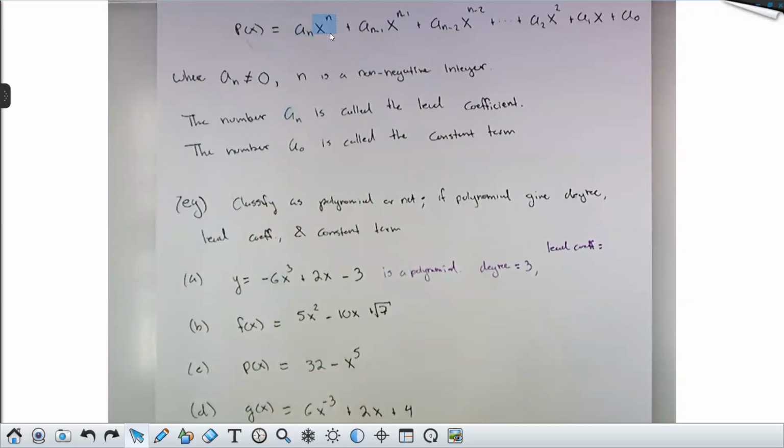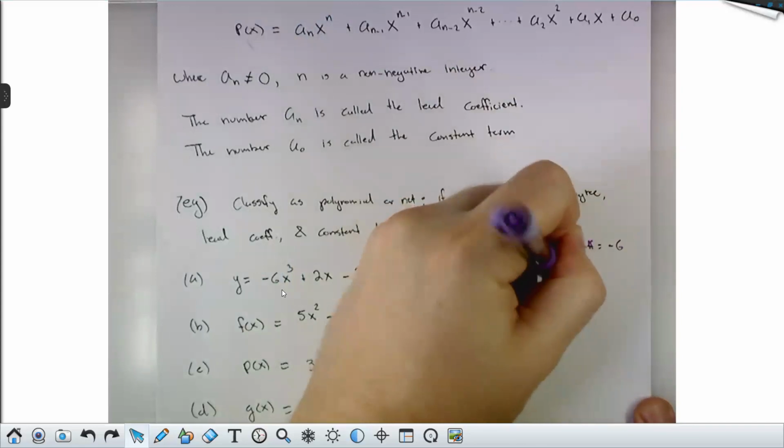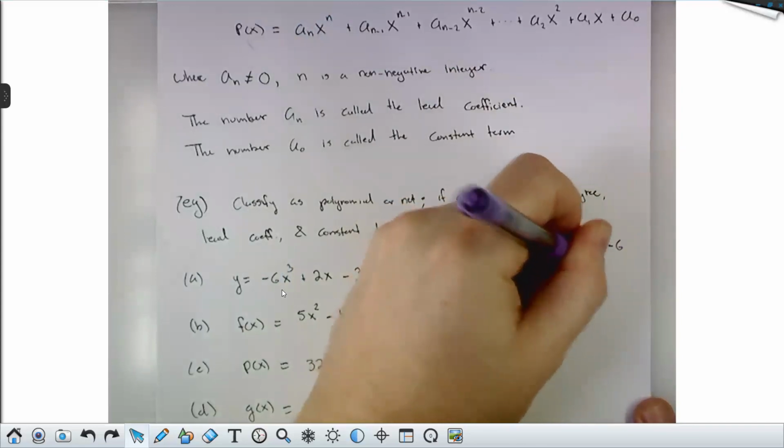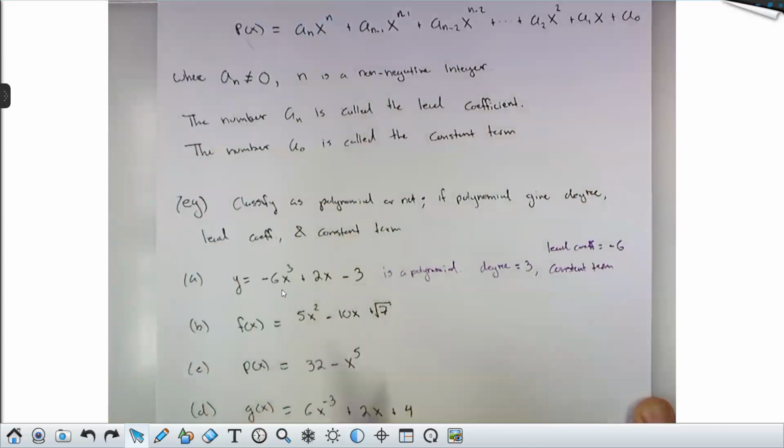So whichever term tells you the degree, the number attached to that power of x is the lead coefficient. So here we're looking at a degree 3 polynomial because this is the largest power of x. The coefficient of x cubed, the number that is attached to that, is -6. So that is the lead coefficient here. And the constant term would be -3.